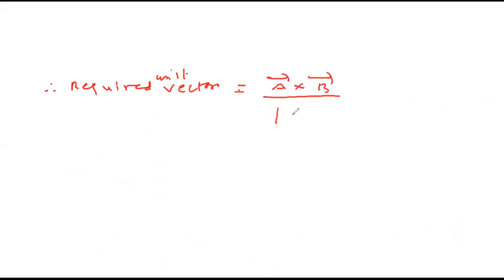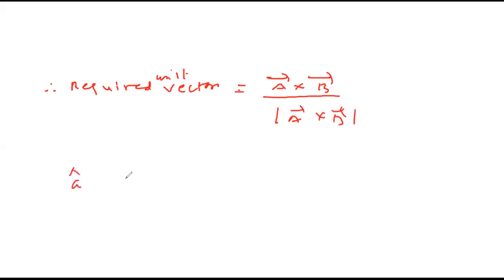So far you got the idea that the unit vector perpendicular to a bar and b bar is along a bar cross b bar. That means the required unit vector is along the direction of a bar cross b bar. So its value will be a bar cross b bar divided by its magnitude.